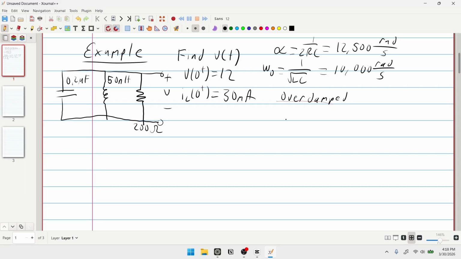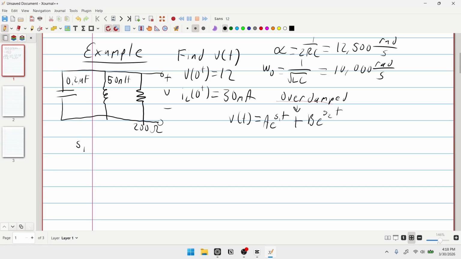So that means our solution will take the form V of t equals A e to the s1 t plus B e to the s2 t. Okay? And so let's find our s1 and our s2, right?